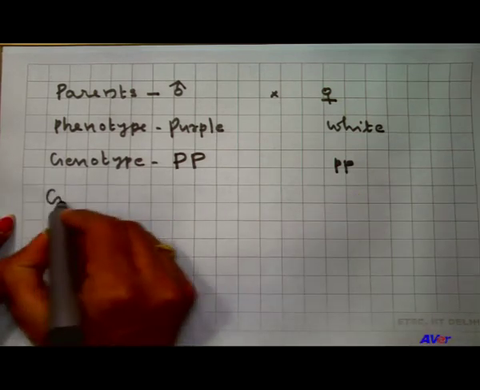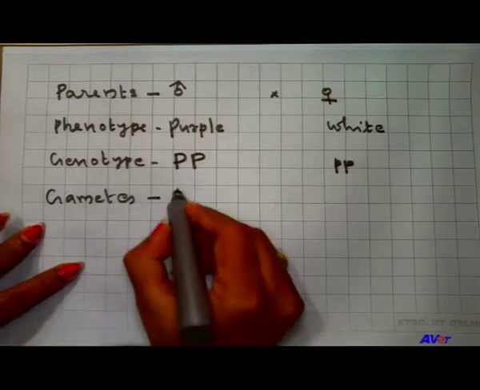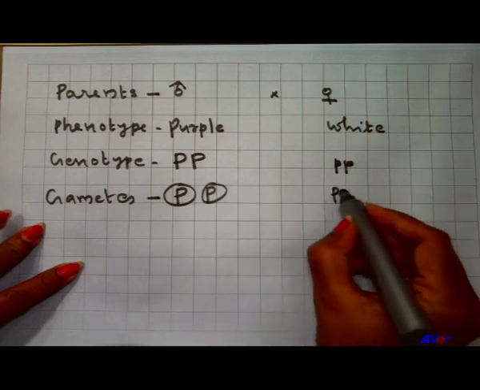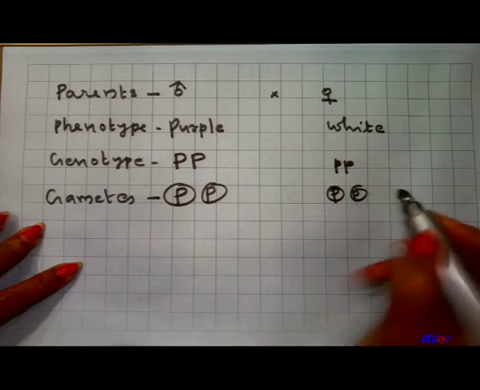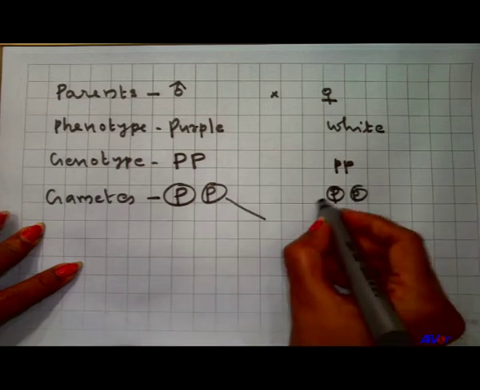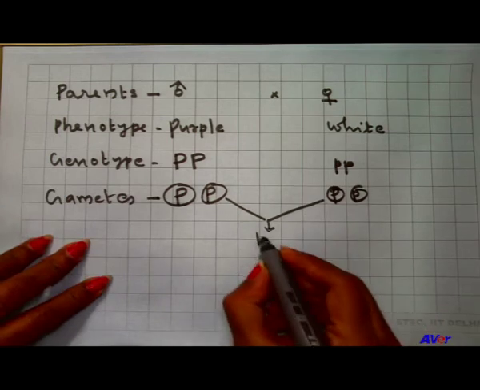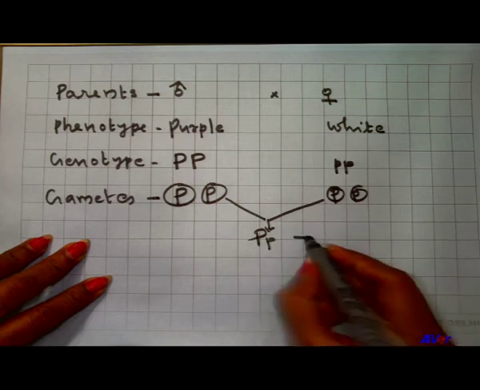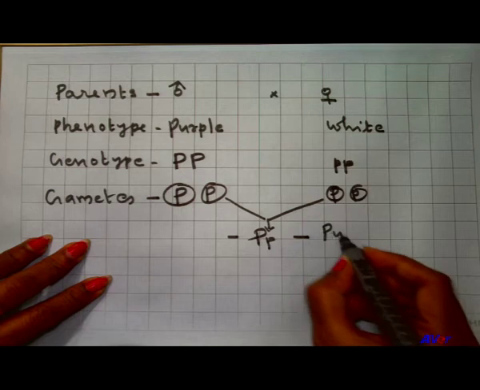Now, gametes, capital P, and here it is small p, small p. F1 generation, it is capital P first followed by small p. The progeny is purple in phenotype.